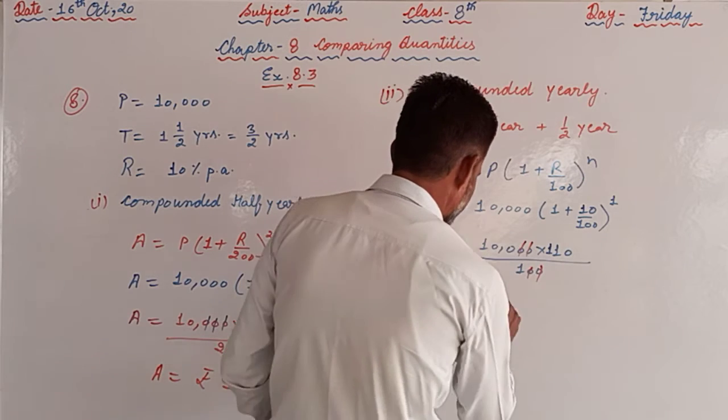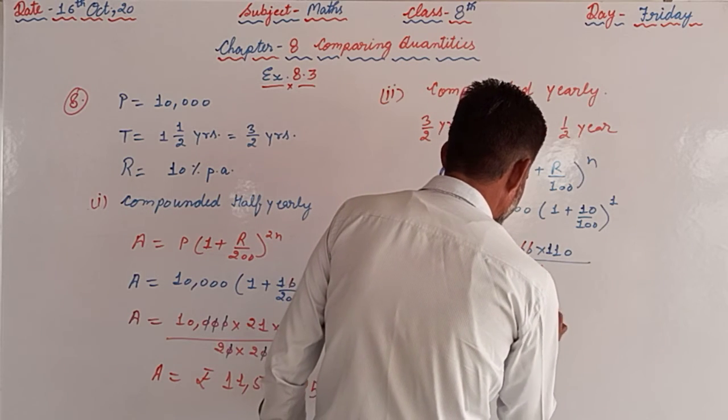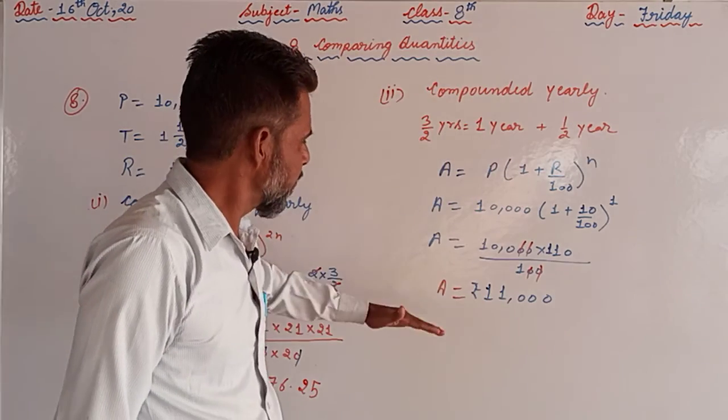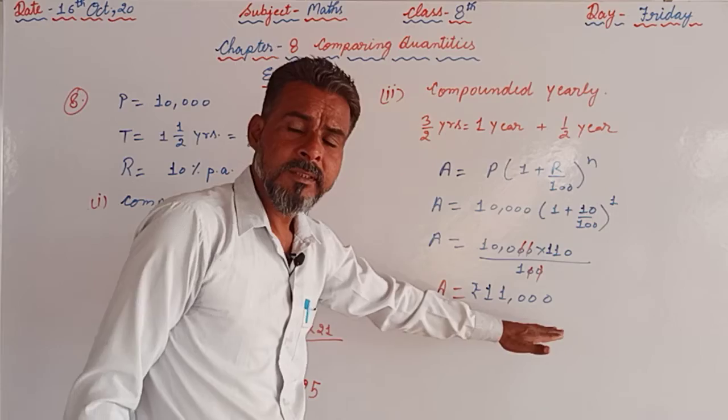So that becomes 11,000. So at the end of first year the amount will be 11,000.